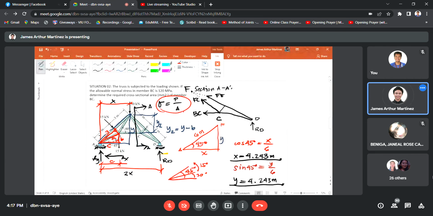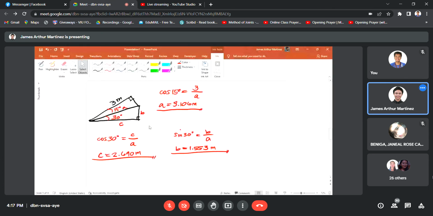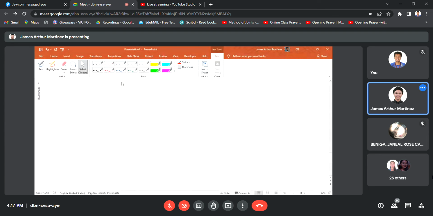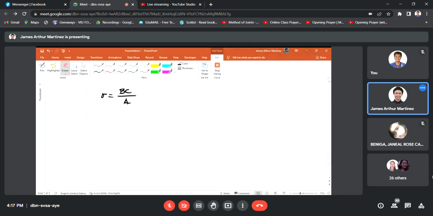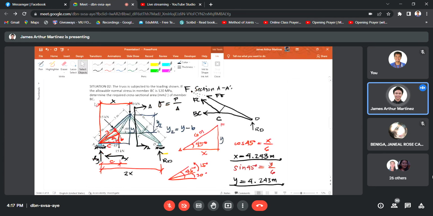Kanina man, no? Allowable normal stress is equal to BC over A. So, normal stress is equal to BC or the internal force, internal action load, no, at number BC over the area of BC. Sige, so pila ka itong allowable normal stress?